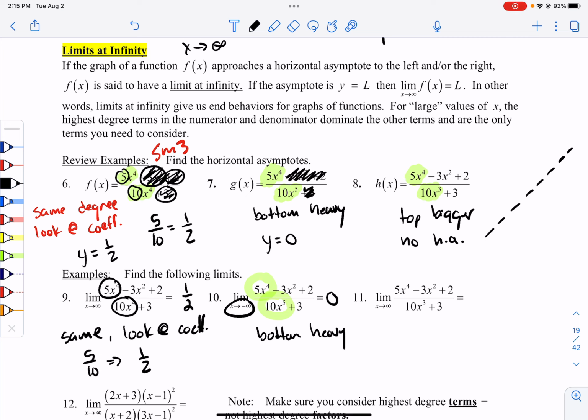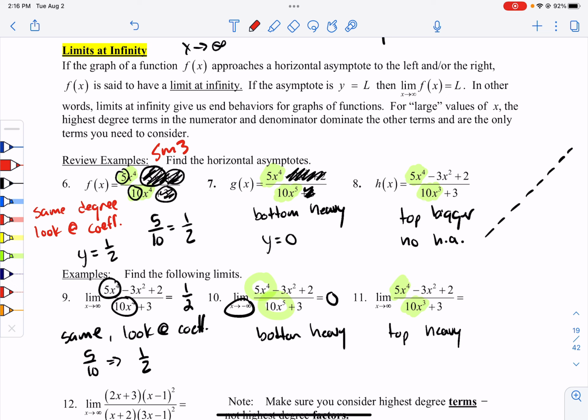Here's where it gets different. In calculus, when I run into the situation number 11, I'm taking the limit as I go to infinity. On top, I have an x to the fourth. On the bottom, I have an x cubed. So that means that this is top heavy. And you were taught that that means there's not a horizontal asymptote, which is true because there's a slanted asymptote. So what does that mean about my function?